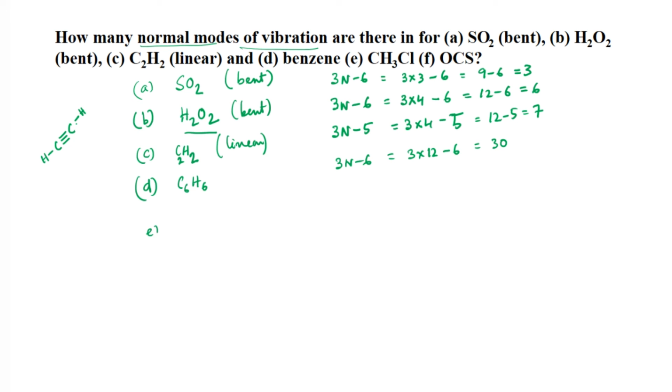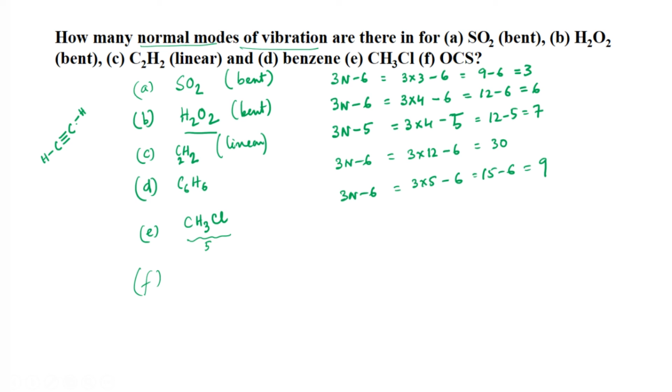The other molecule that we have is CH3Cl. So, there are 5 atoms. So, it will be 3n minus 6, that is 3 times 5 minus 6, that is 15 minus 6. So, 9 normal modes.